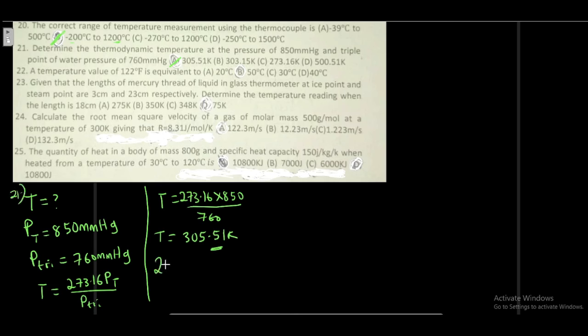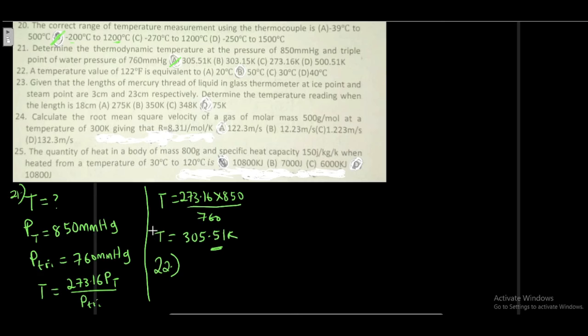Now, question 22 says, a temperature value of 122 degrees Fahrenheit is equivalent to. Because all our options here are in Celsius, basically they're asking us to convert it to Celsius.